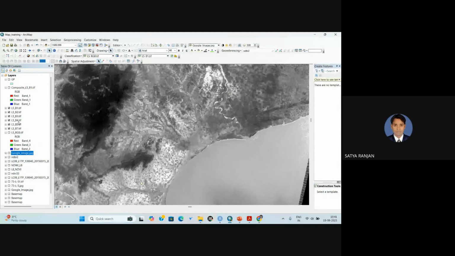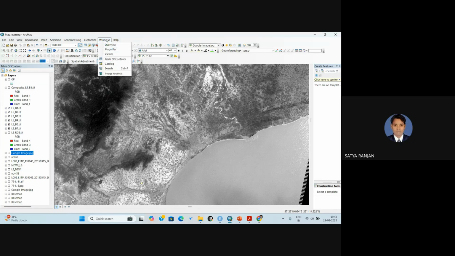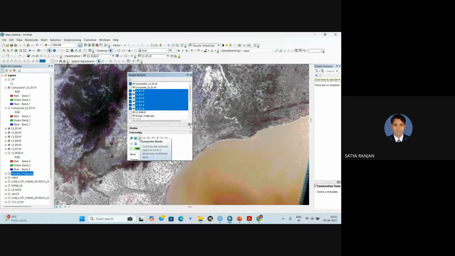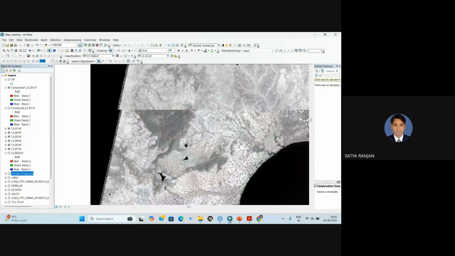If I want to composite all of these in one file, then just go to Windows, then Image Analysis, select all these bands, then click on Composite Bands. So it automatically creates the composite band of all these images.